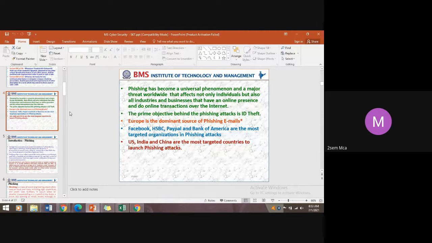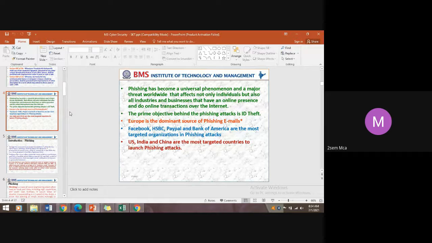Europe is the dominant source of phishing emails. The prime objective behind phishing is ID theft. It affects individuals, industries as well as businesses. Whoever has an internet presence, in one way or another, might undergo phishing attacks.